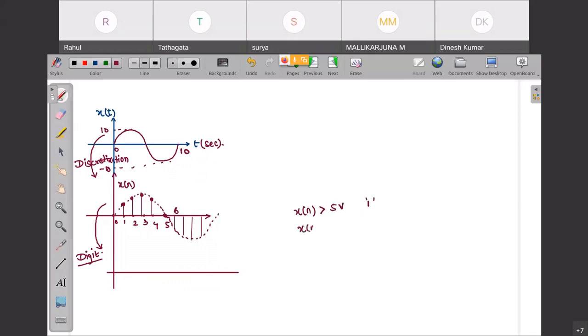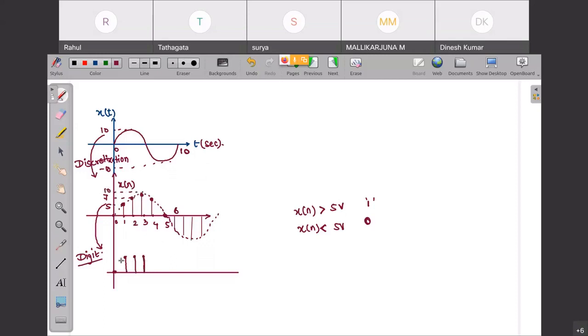And if x of n is less than 5 volt, I will consider it 0. Here it is 10, let me assume here it is 7, here it is 5. So this will be 0 at this time instant, this will correspond to 1, even here it is 7 volts, so this will also be 1, and here 10 volts, also 1.